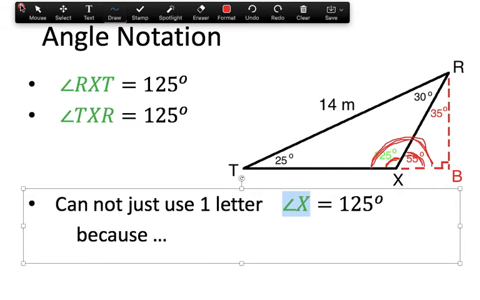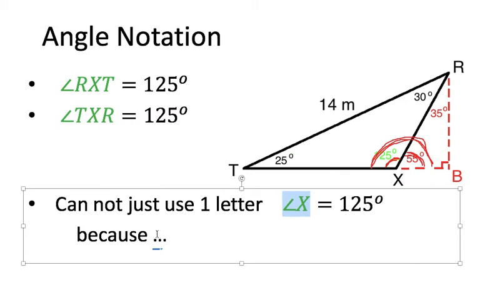So in this case, there is more than 1 angle right around the X that someone might think you're talking about.